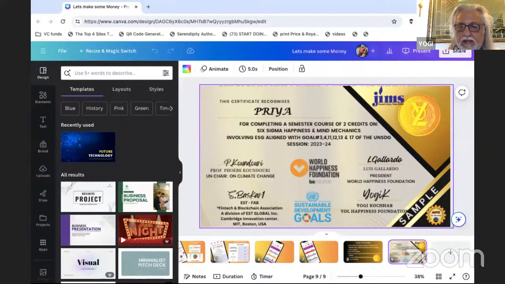I can't stretch it, but it has the logo of GIMS, the logo of YOL, the logo of AICTE, and the logo of the United Nations. It has the FinTech and Blockchain Association that is based in MIT Boston, and the World Happiness Foundation, and it is signed by Phoebe Conduri, who is a UN chair on climate change at the United Nations.